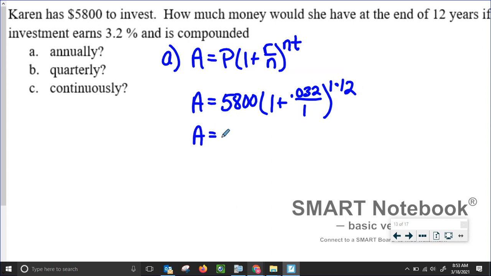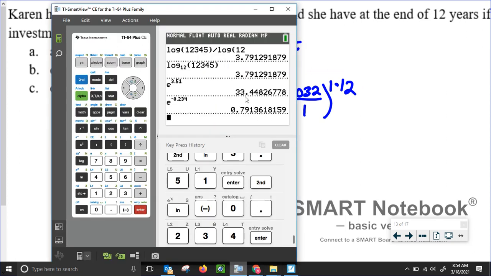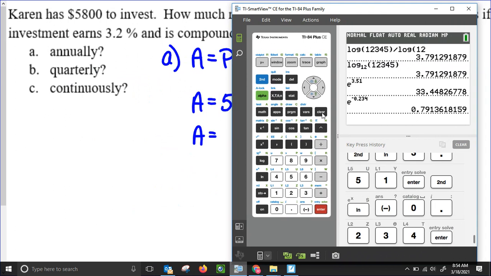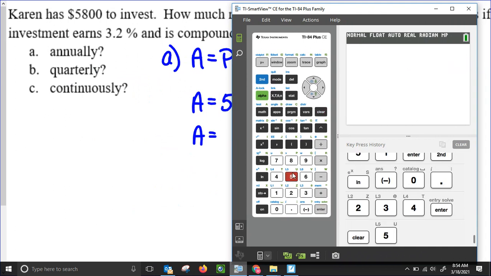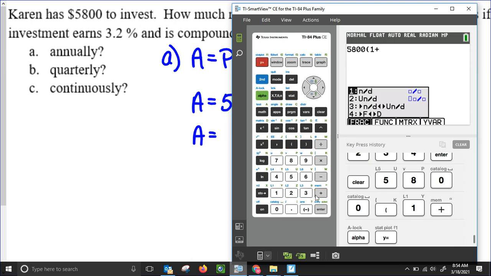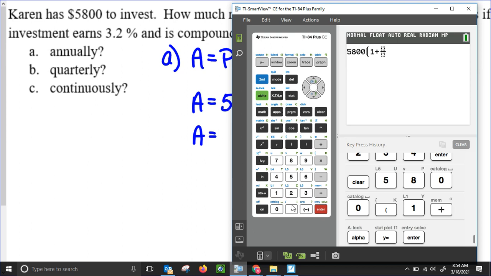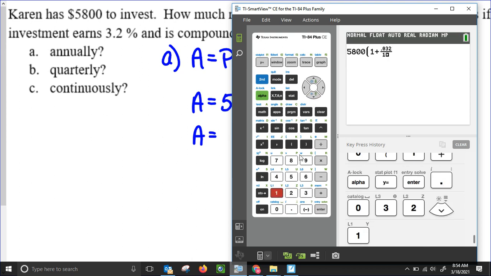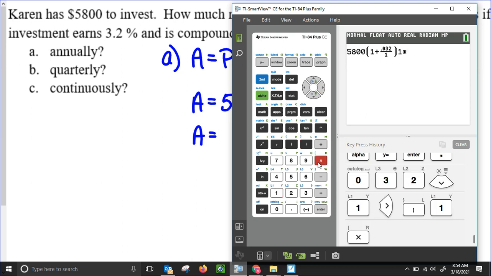So we plug this into our calculator. 5,800 times 1 plus the interest rate, which was 0.032. This is annually, so this is just 1. And at the end of 12 years.